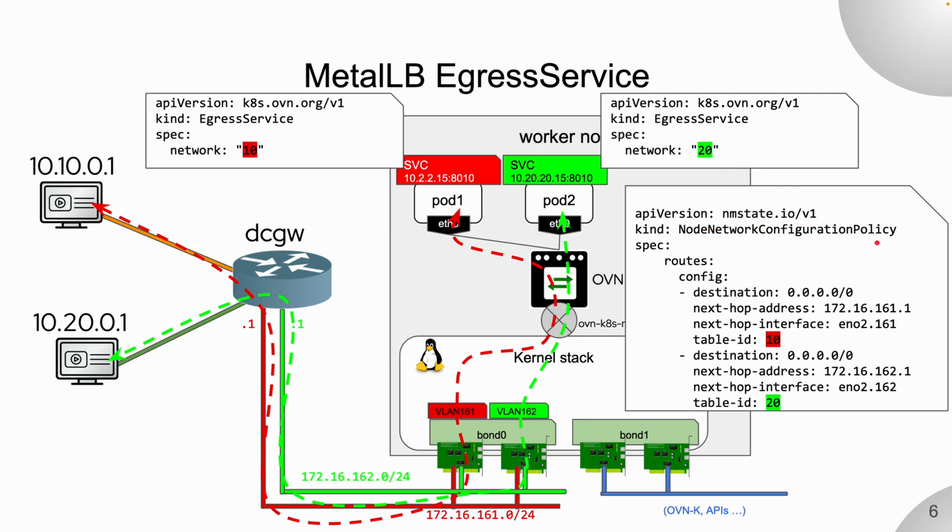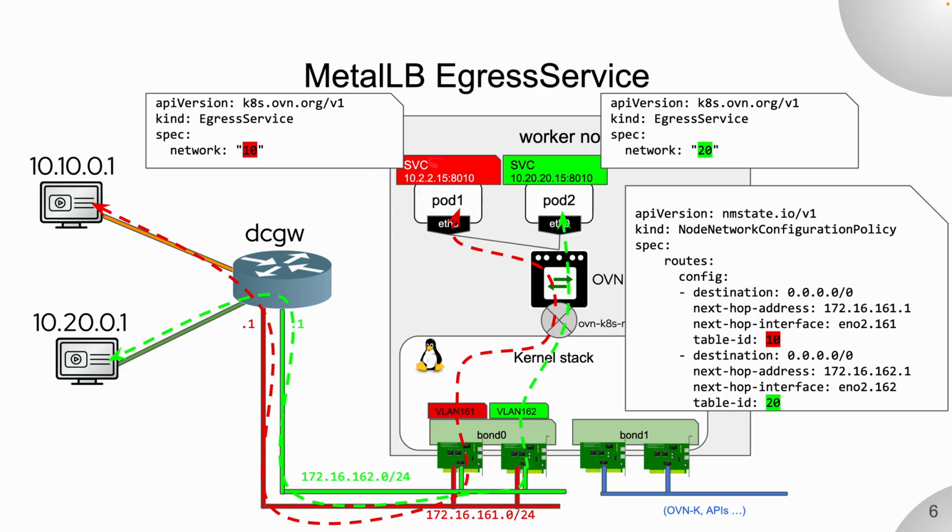This way, instead of having one route per remote CIDR, you have one route per local VLAN, and you say, okay, my default gateway 0.0.0.0/0 is my DC gateway, and I'm using table 10 corresponding to the EgressService network object.